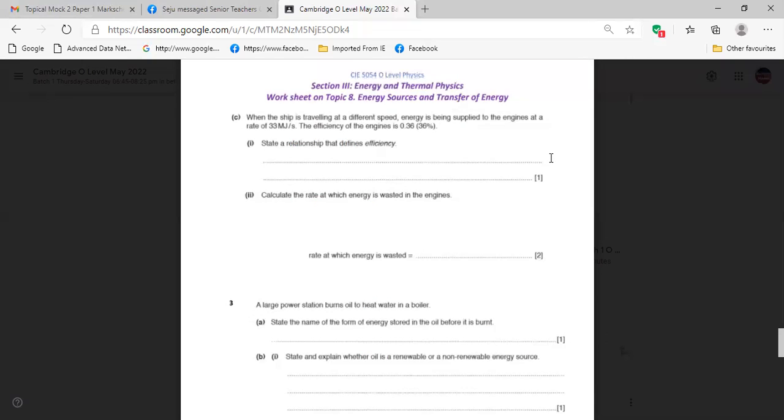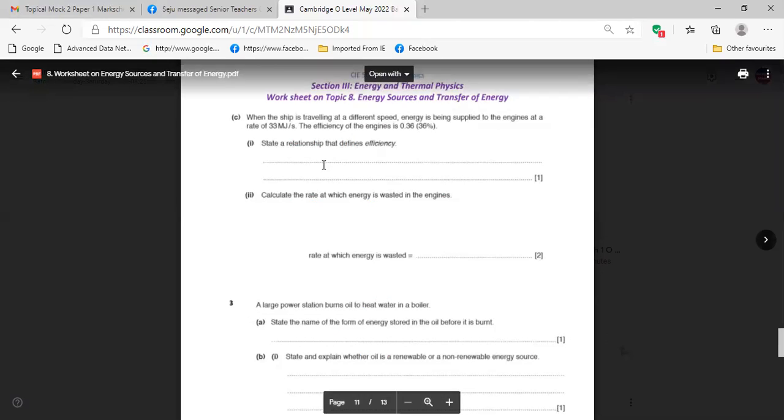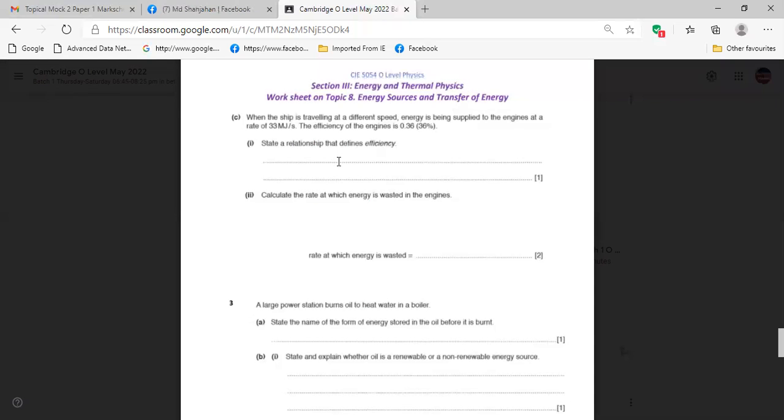Useful power, sir, by input power. Yes, very good. Useful power output by total power input.